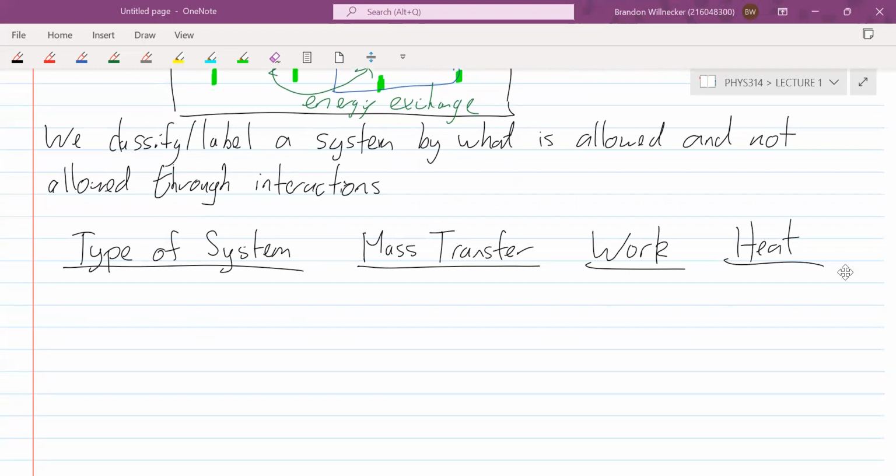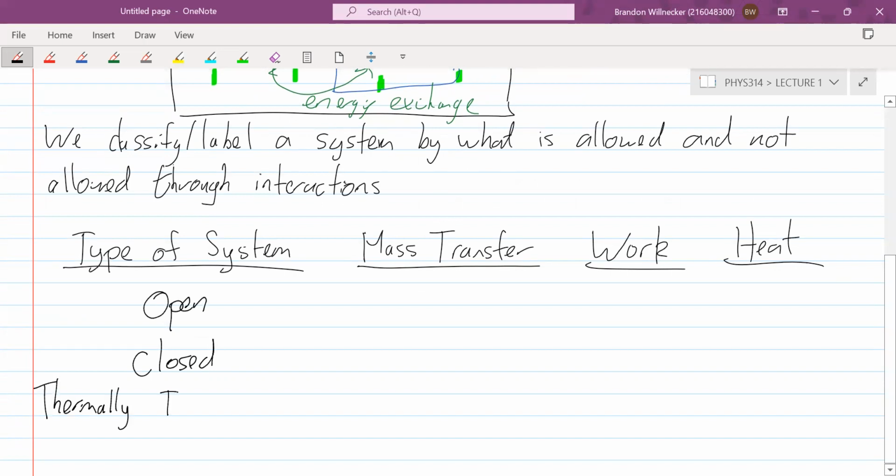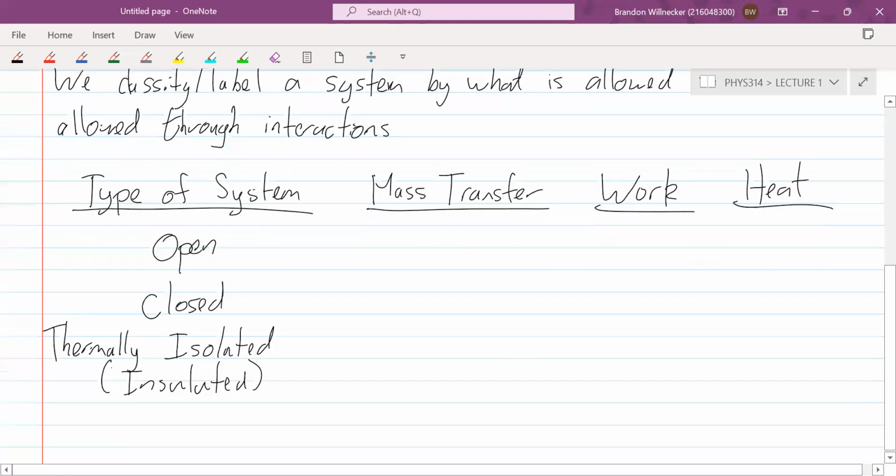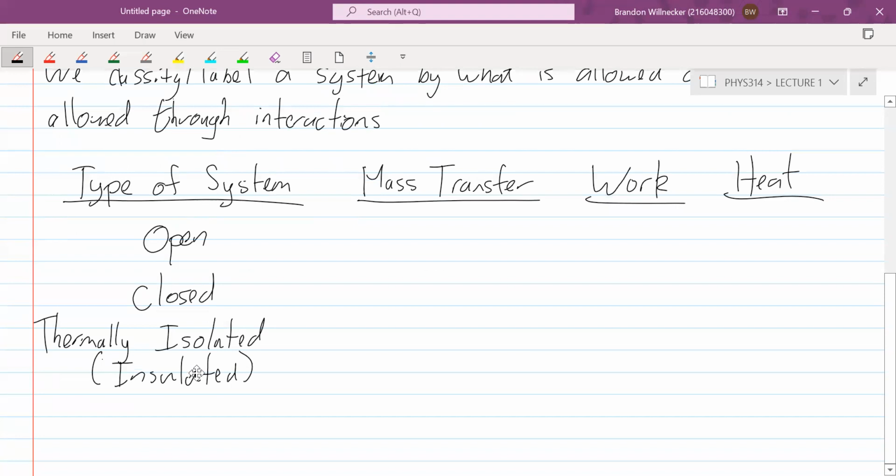So the type of system can be open, closed, thermally isolated, or we might say insulated. If you are insulating your house, you are trying to make it thermally isolated. So if it's cold outside, the inside stays warm, for example.